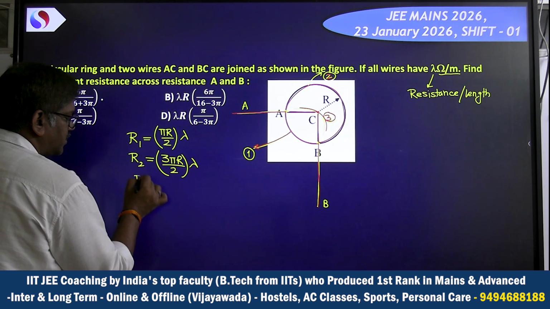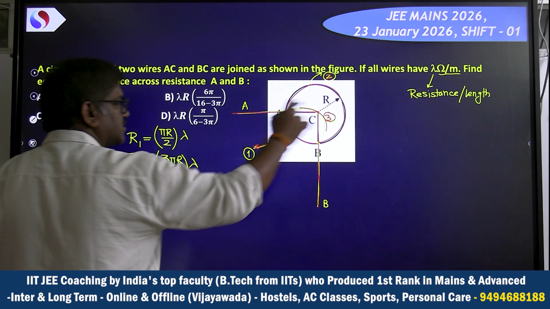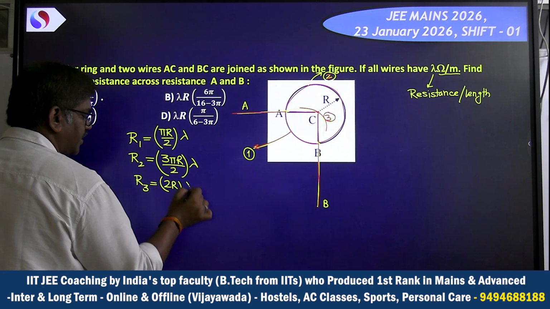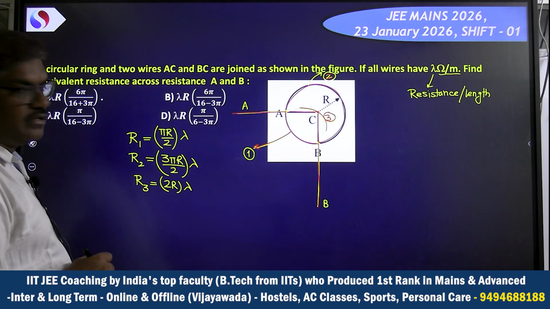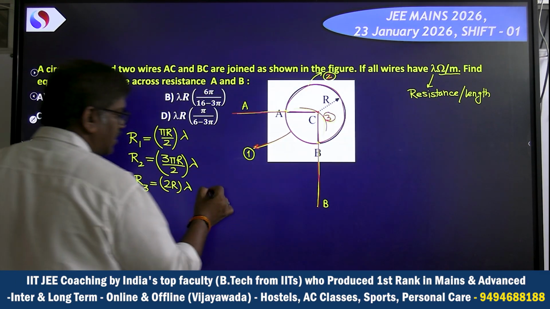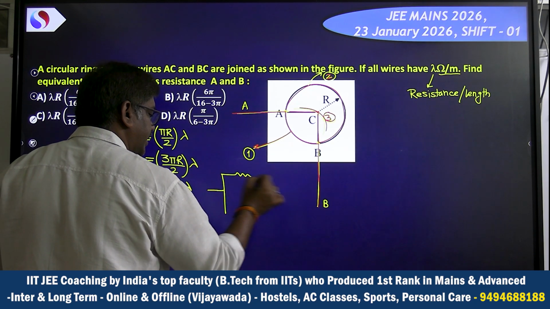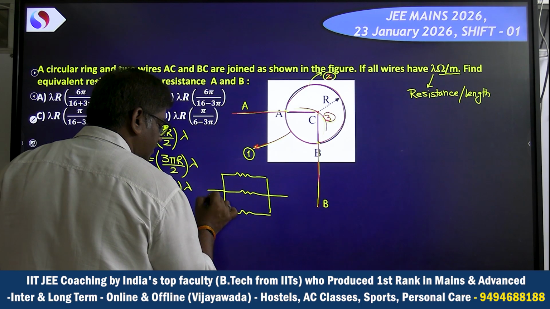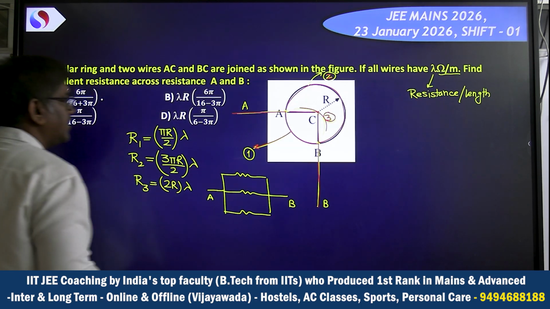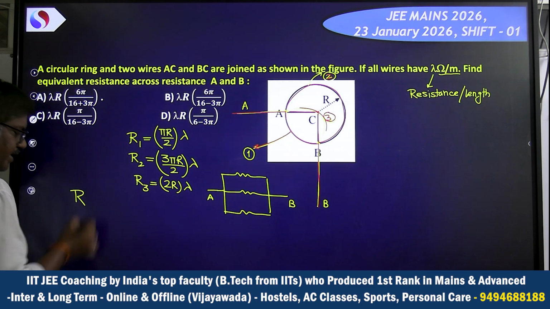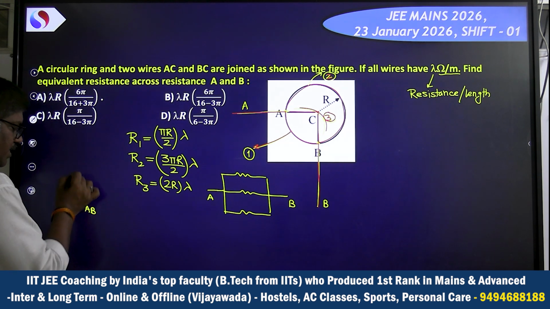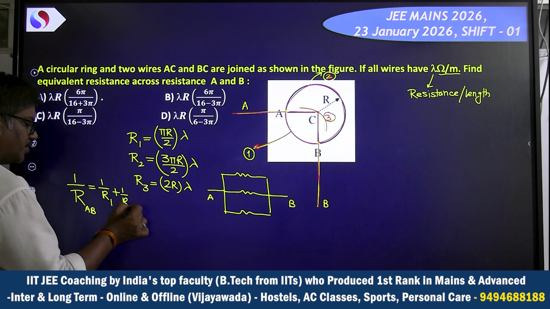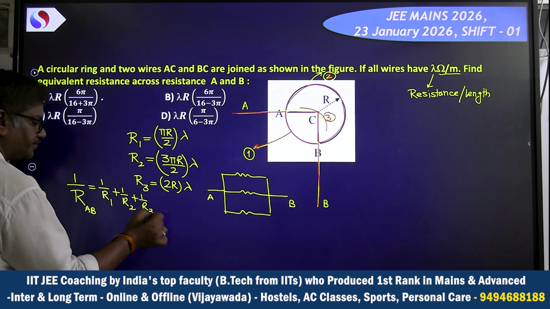The third portion, r plus r, has total length 2r, into lambda. All three are connected through AB, so they are in parallel. So 1 upon R across AB is equal to 1 by R1 plus 1 by R2 plus 1 by R3.